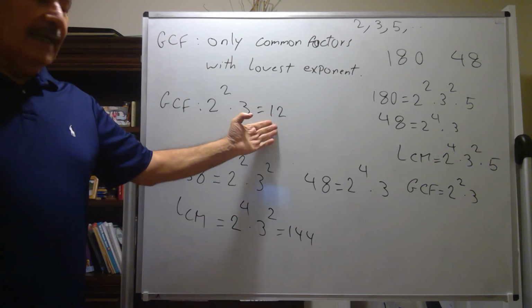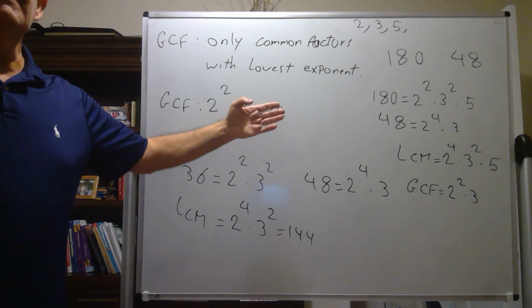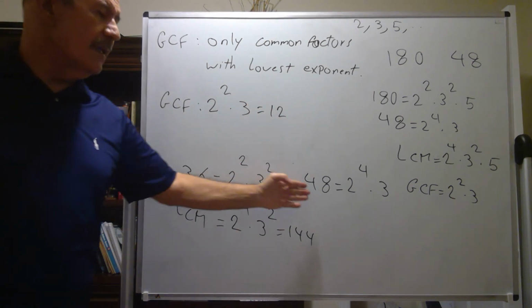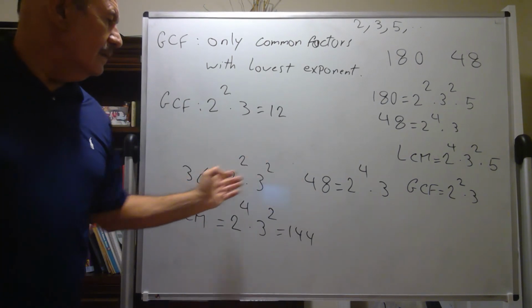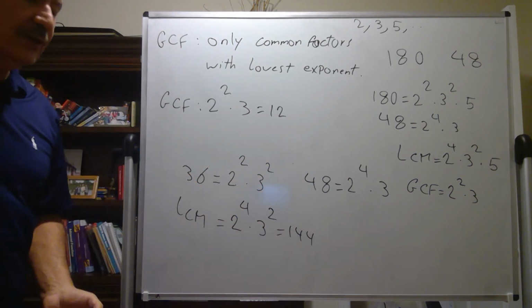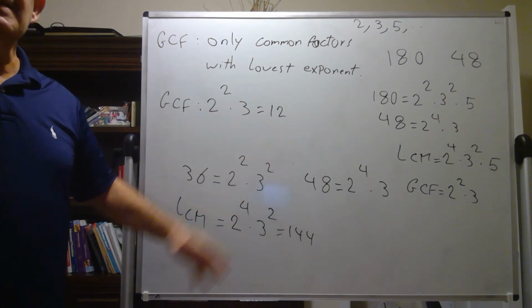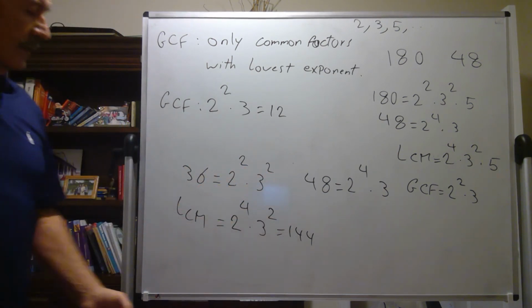We cannot find any number greater than 12 that both of these numbers are divisible by. But a smaller one we can find. 36 and 48 are divisible by 2, by 3, by 4, by 6, but 12 is the greatest number that both of them are divisible by.